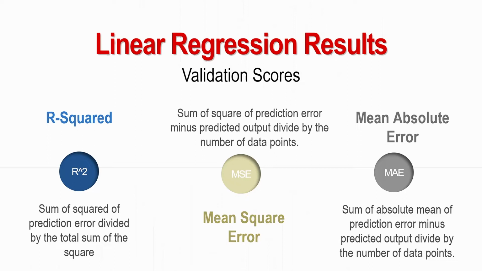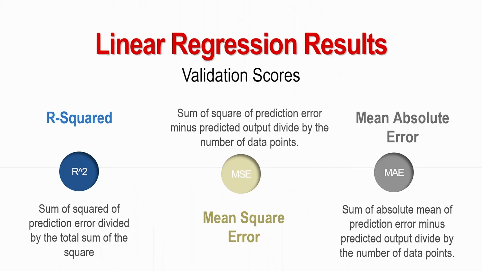Once we build our model and we select certain variables that we are going to calculate coefficients for, how are we going to validate that these independent variables are indicative of our dependent variable? There's a couple different validation scores that would be used.